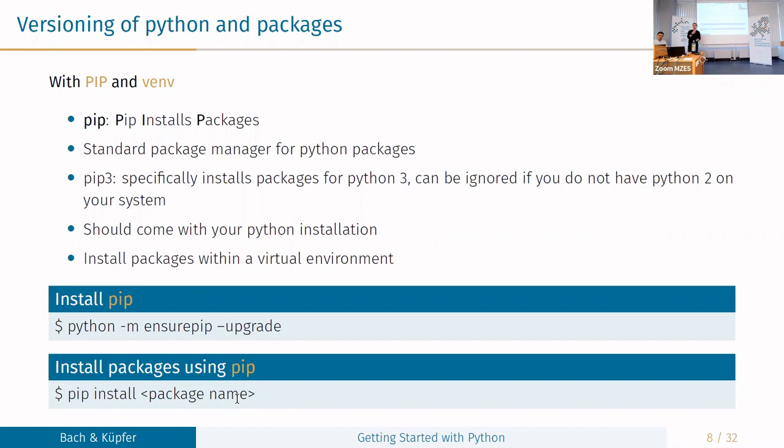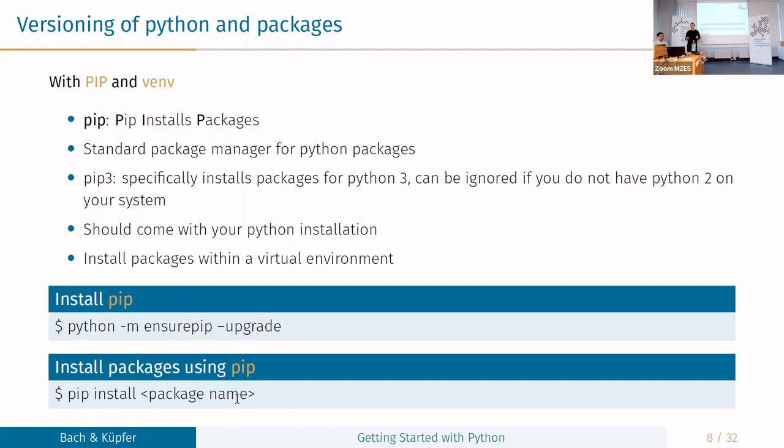And for this, we use a tool called pip. Pip stands for pip installs packages and is the standard package manager for Python packages. It's also pip3, but if you only use Python 3, then you can skip that. It should be installed with your Python installation, so you don't need to worry about that.